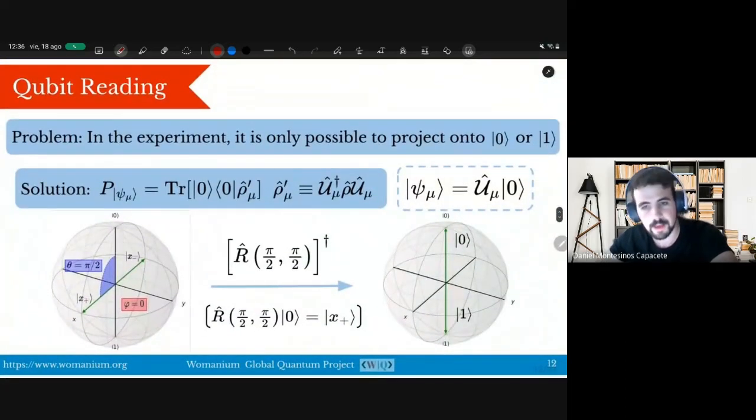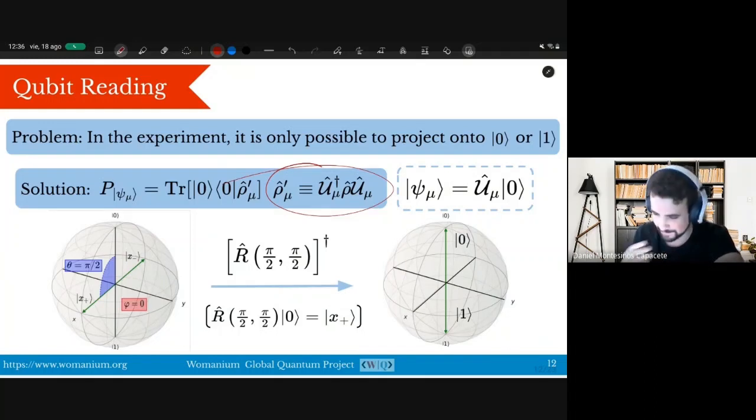In our experimental setup, and this means in any trapped ion setup, normally you can only know the probability to be either in 0 or 1. So in order to solve this problem, we need to apply a transformation to our qubit, and this means we need to do some laser rotations.